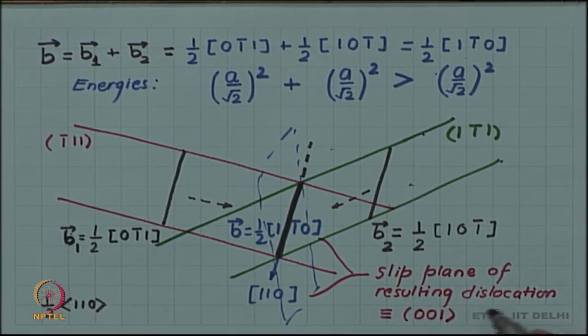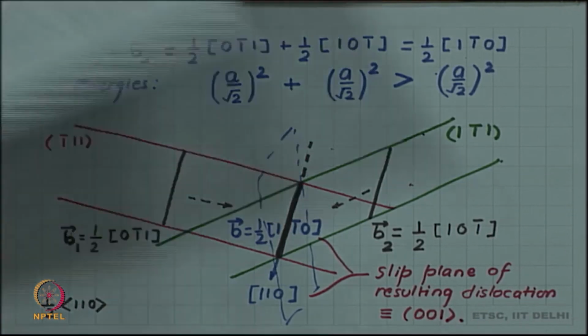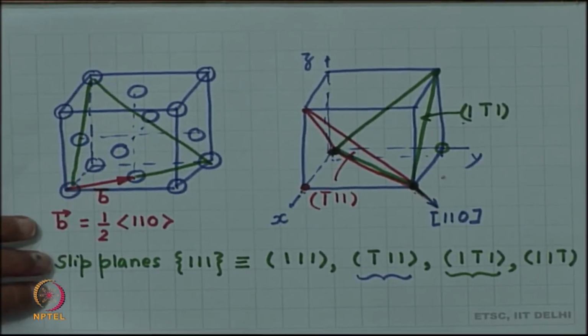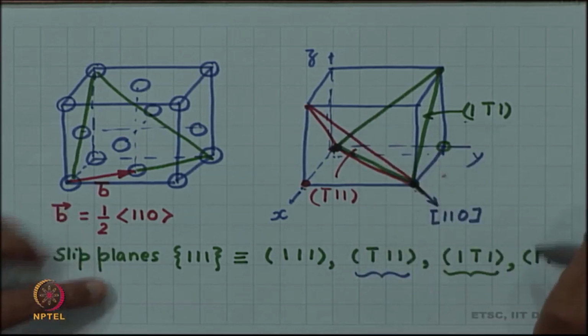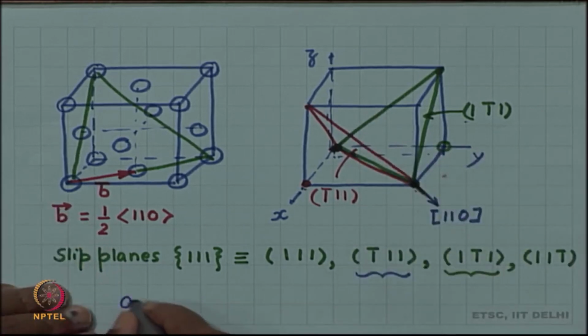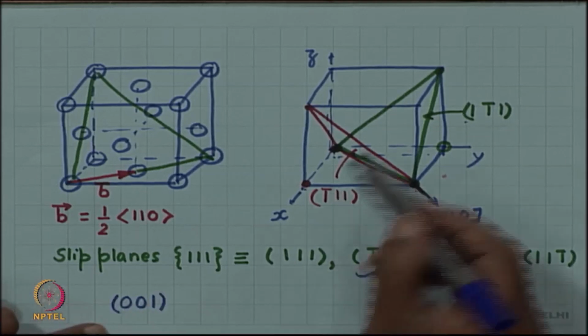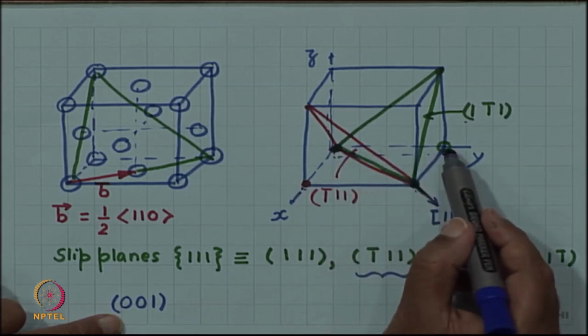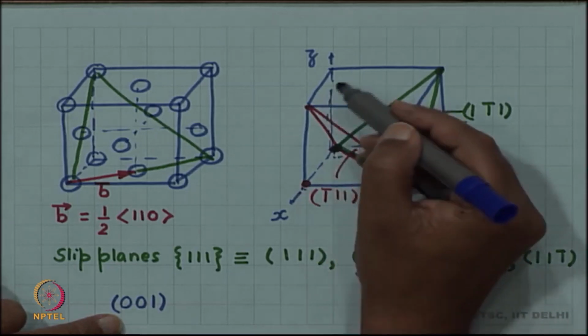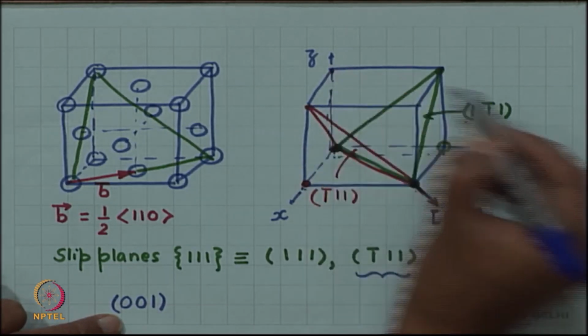But that is disturbing. 0 0 1 is not the slip plane family for FCC. So, let us find out the 0 0 1 here. It will be parallel to the x axis, parallel to the y axis, and will intersect the z axis at 1.